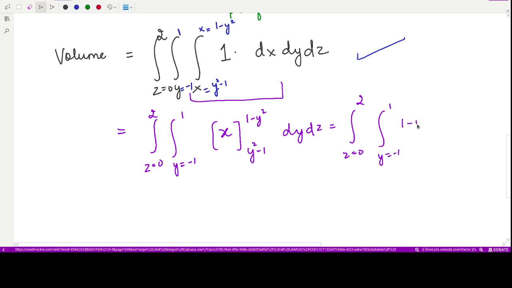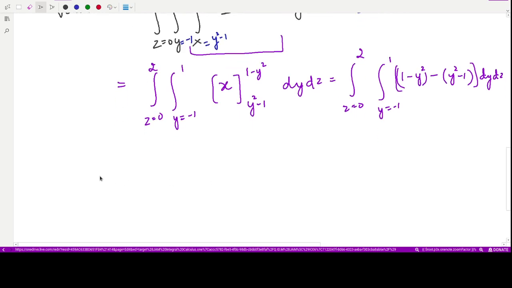We get 1 minus y square minus the lower limit, which is y square minus 1, and we have dy dz. So our simplified expression now becomes z equal to 0 to 2, y varies from minus 1 to 1, and here we have 2 times 1 minus y square dy dz.